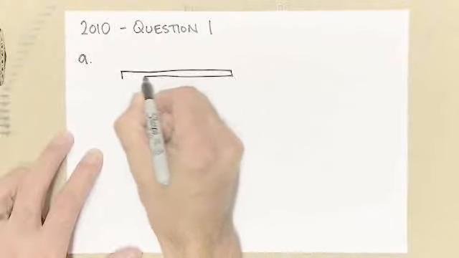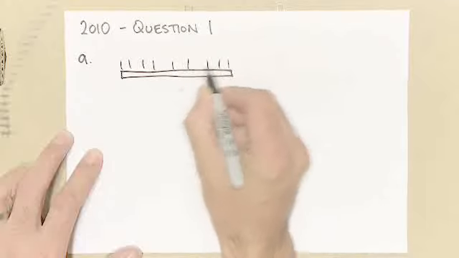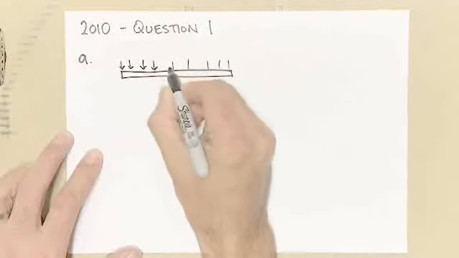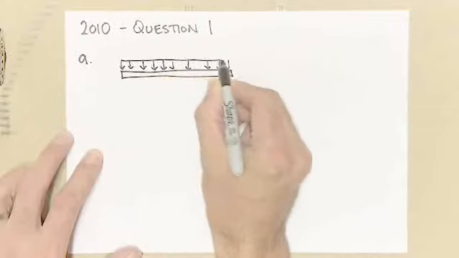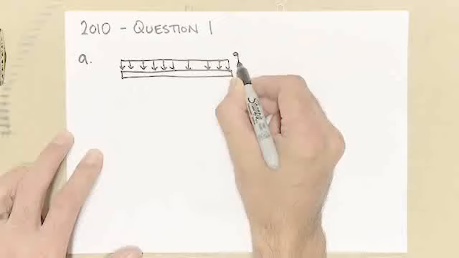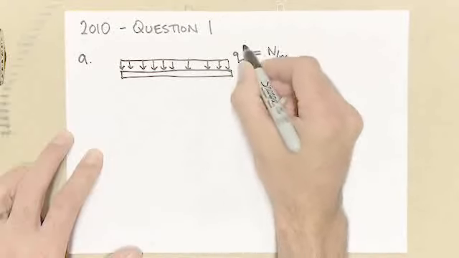Well, we have that horizontal beam at the top, and it has this distributed load, call it Q, which has units of newtons per meter, of course.